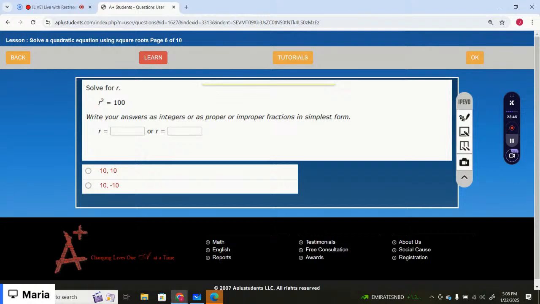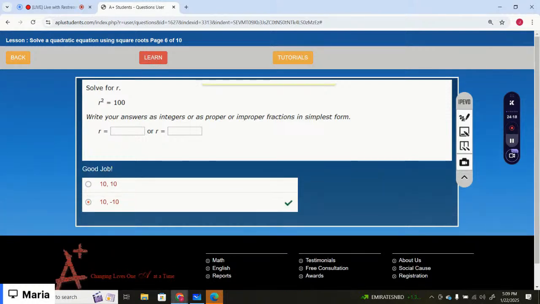Solve for r square equals 100. That is 10 and negative 10. Option number 2 is the correct option.